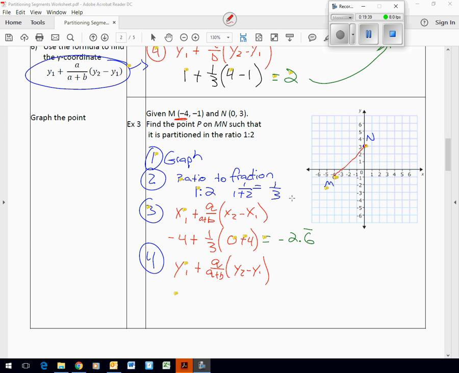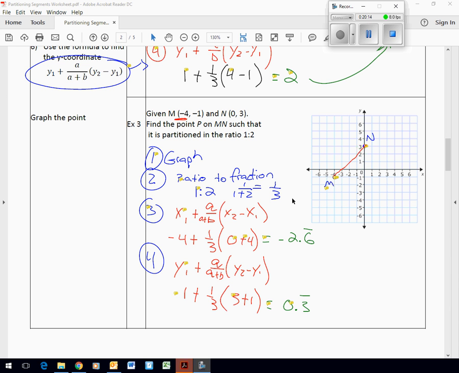Y1 was -1 plus 1/3 of 3 plus 1. That's 1/3 is what I'm getting, or 0.3 repeating.